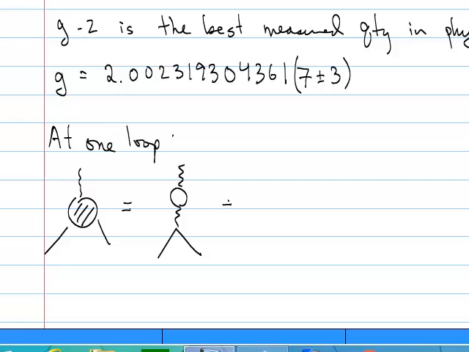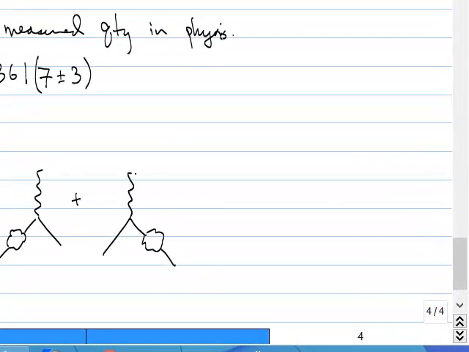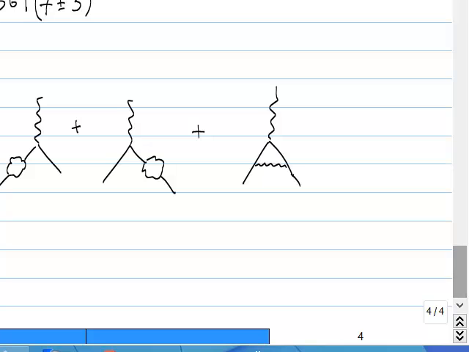So there's one diagram where you have an electron loop in the photon propagator. There are 2 diagrams where you have photon loops in the electron propagator. And then there's one diagram where you have a photon connecting those 2 external electron legs.